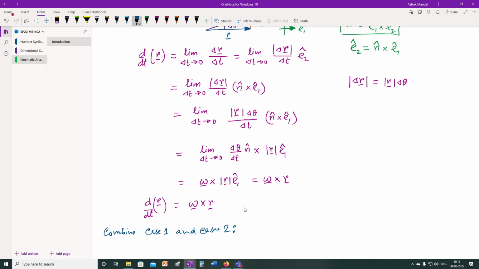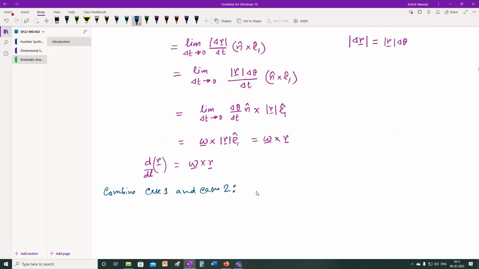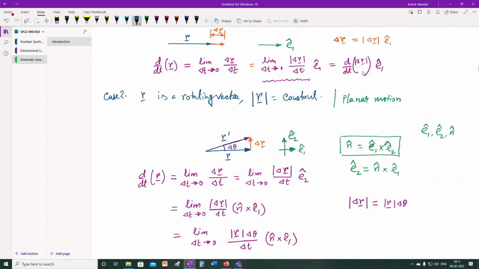If you combine them, that means vector R is a general vector. It is rotating and changing its magnitude. Then the derivative, it is not very difficult to show, but we are not showing here. The derivative of this vector can be written as this plus this.